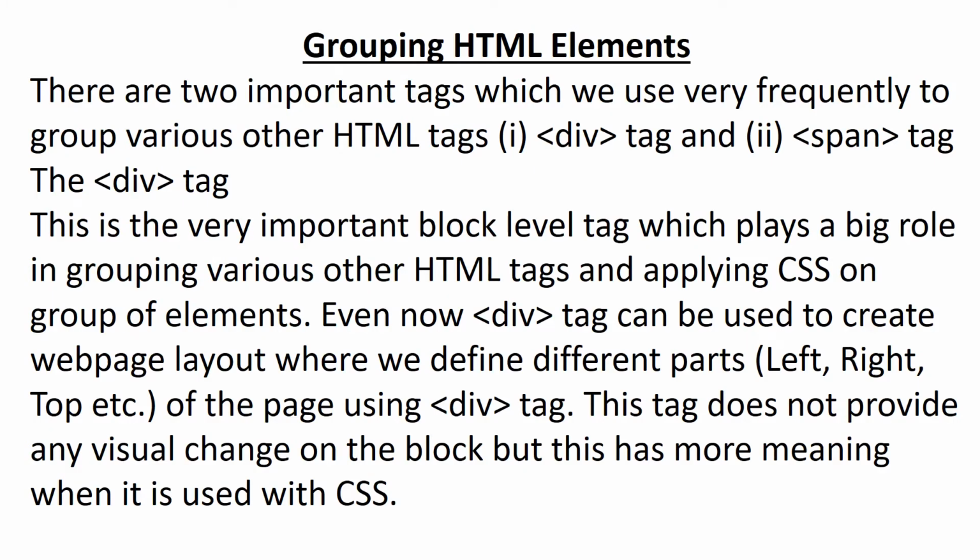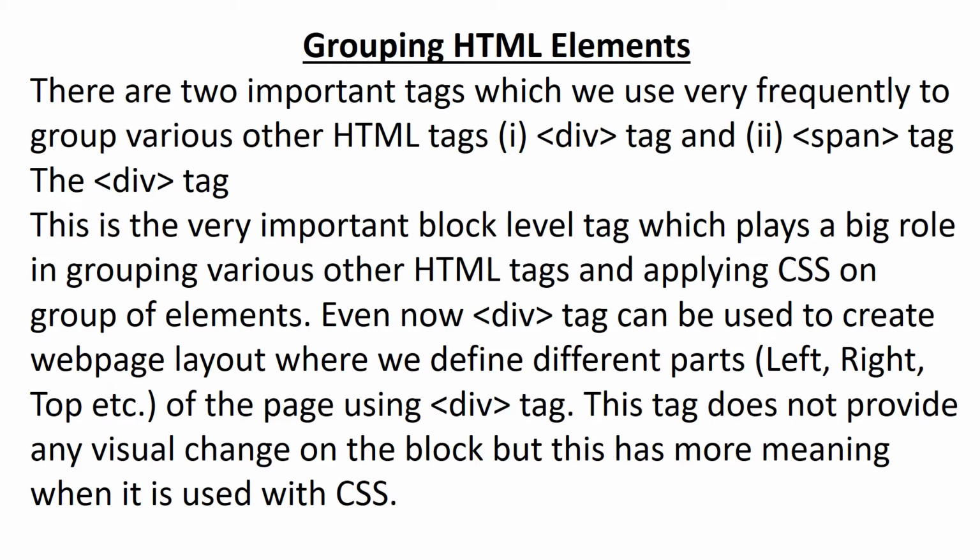Grouping HTML elements. There are two important tags which we use very frequently to group various other HTML tags. One, we have the div and the span tag. The div tag is a very important block level tag, which plays a big role in grouping various other HTML tags and applying CSS on a group of elements.